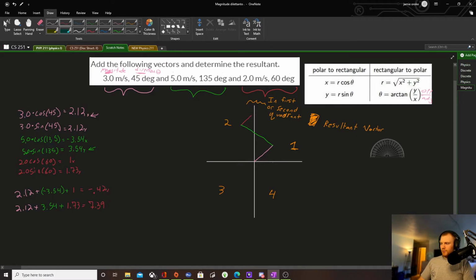So we have our x and our y coordinate. Let me go ahead and change this color.